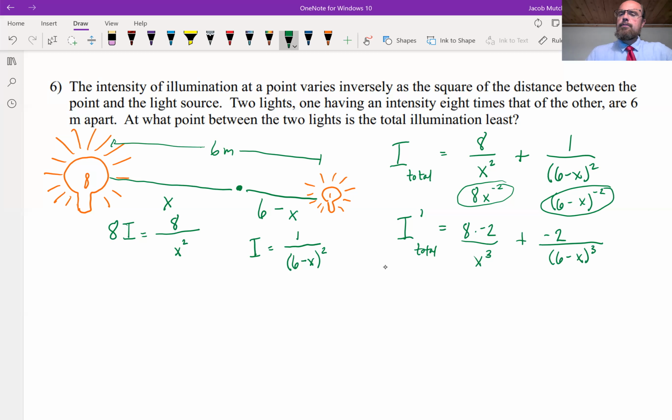But then I have to take the derivative of the interior, so that's going to be -1, and that'll go in the numerator. So for my function, I'm going to have -16 over x cubed. My double negative will cancel out, plus 2 over 6 minus x cubed. And that I want to set equal to 0.